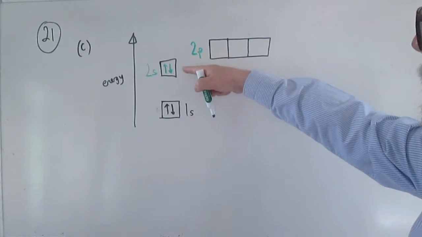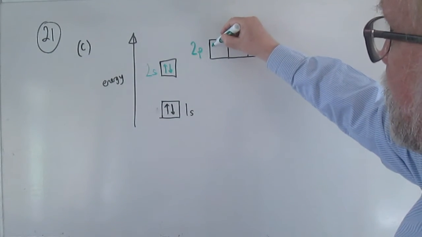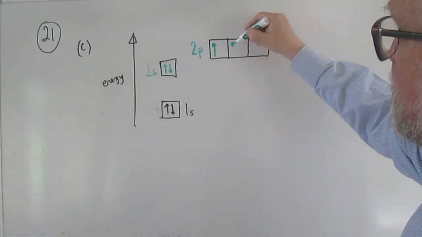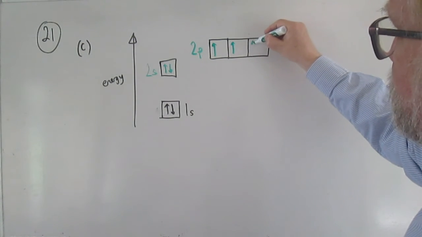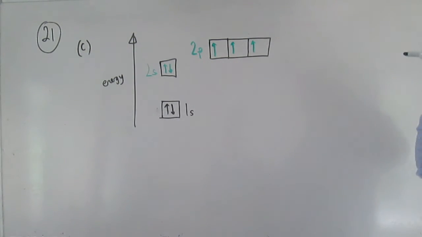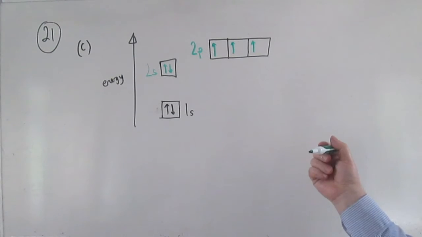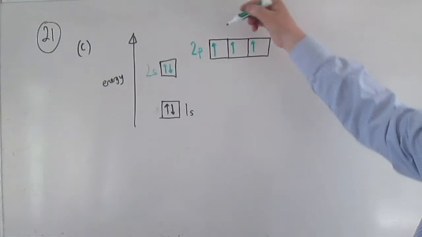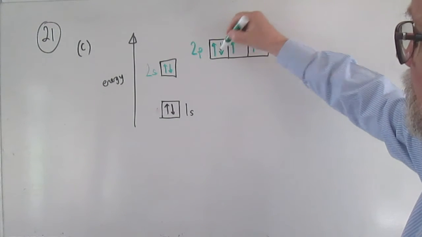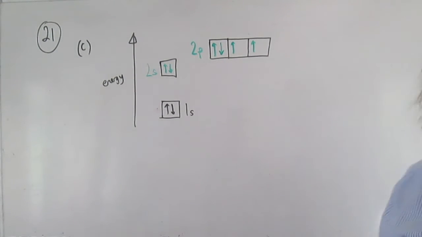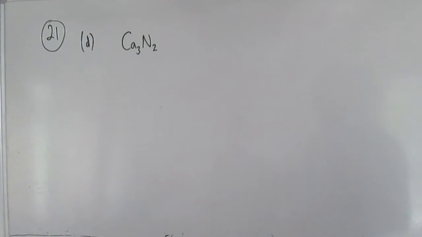So as we fill up from our 4, we're going to go 5, 6, 7, so that would be nitrogen, with each of the electrons in a separate orbital to minimise the repulsion. But when we get to oxygen we've got 1 more, and so now we've got to pair up, and so we get that.